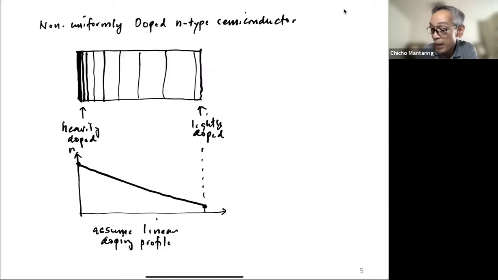Then this is going to be my N versus X. N versus X is going to follow my doping profile. And because of that, there's a non-uniform concentration of electrons, and therefore expect that electrons will diffuse to the right.